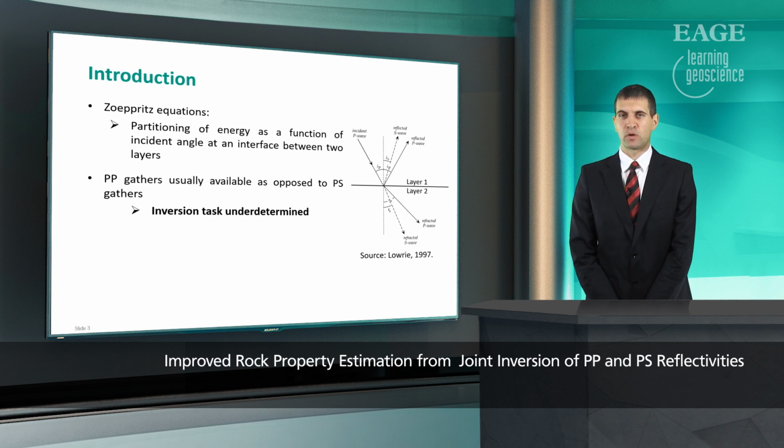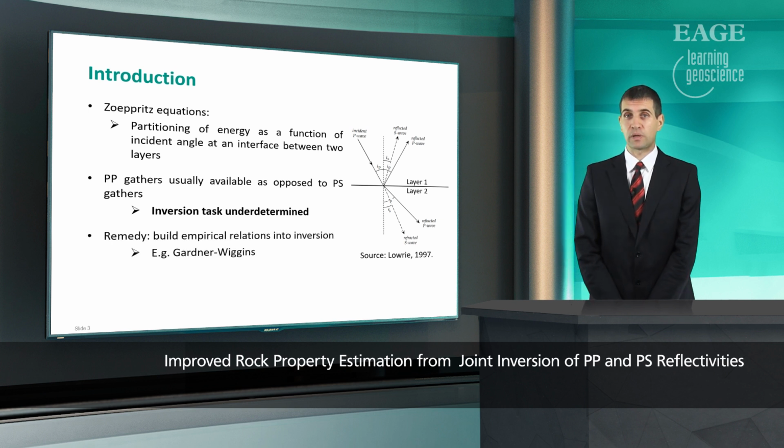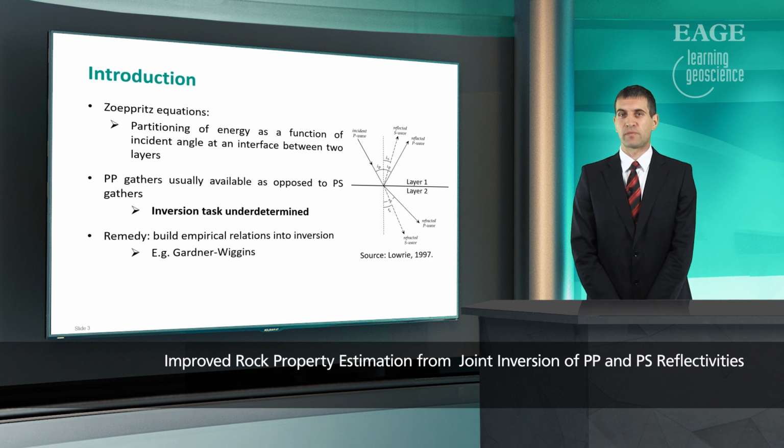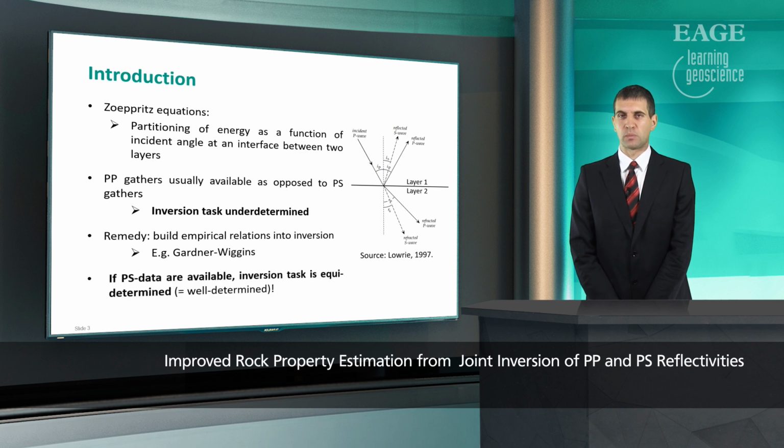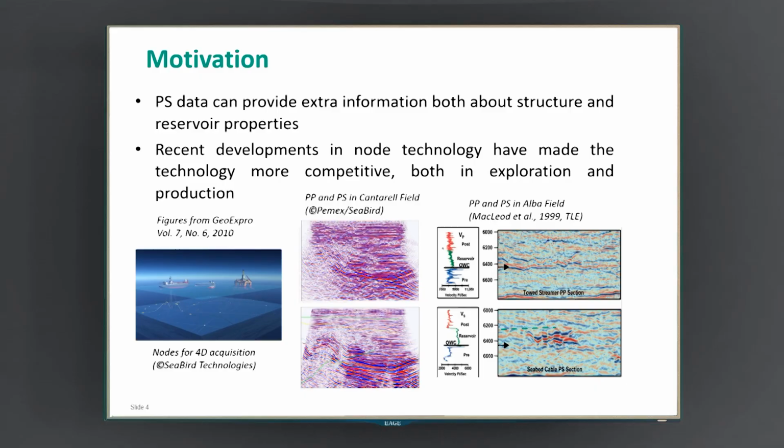This means that the inversion task is underdetermined, unless empirical relations or simplifying assumptions are built into the procedure. However, if P2S data are available, the number of unknowns and the number of equations is the same, making it possible to uniquely invert for all the unknowns.